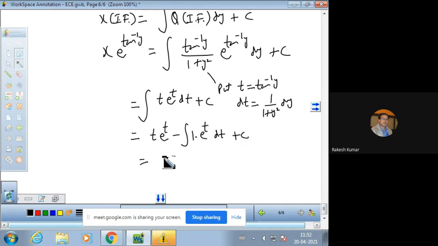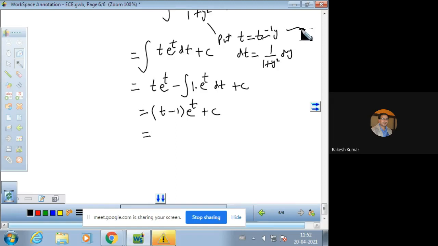So you will have t minus 1 into e raised to power t plus c, and use the value of t here, and the value of t was tangent inverse y. So put the value: tangent inverse y minus 1 into e raised to power tangent inverse y plus c, and on the left hand side we have x into e raised to power tangent inverse y.